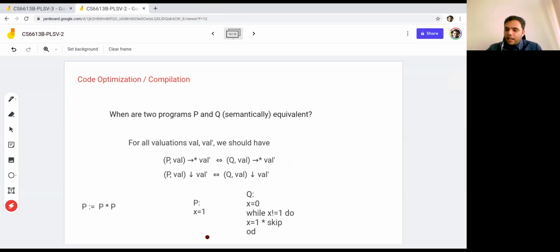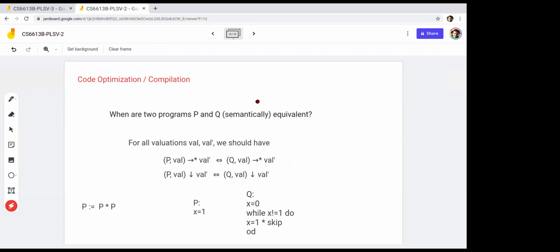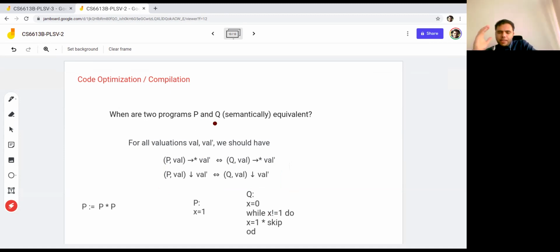Okay. Oh, and actually another thing that I just remembered here is that this is not just about code optimization, it's also about compilation. So think about what it means to compile a program. You basically have a source language and you have a target language. So your source language might be, for example, C++, and your target language is, I don't know, x86 or some sort of assembly. And what you want to do is prove that your compiler is correct.